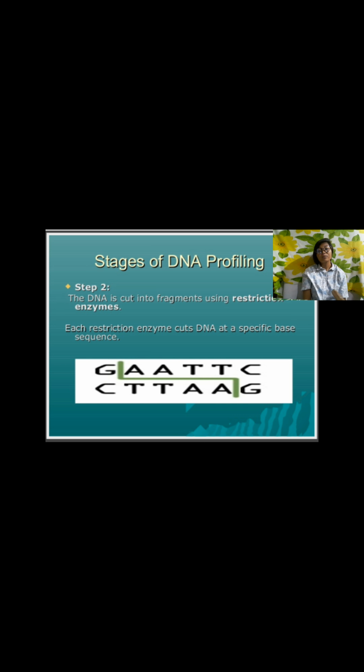Each restriction enzyme cuts DNA at a specific base sequence. Cutting, slicing, and sorting: special enzymes called restriction enzymes are used to cut the DNA at specific sites. The DNA pieces are sorted according to size by a technique called electrophoresis.